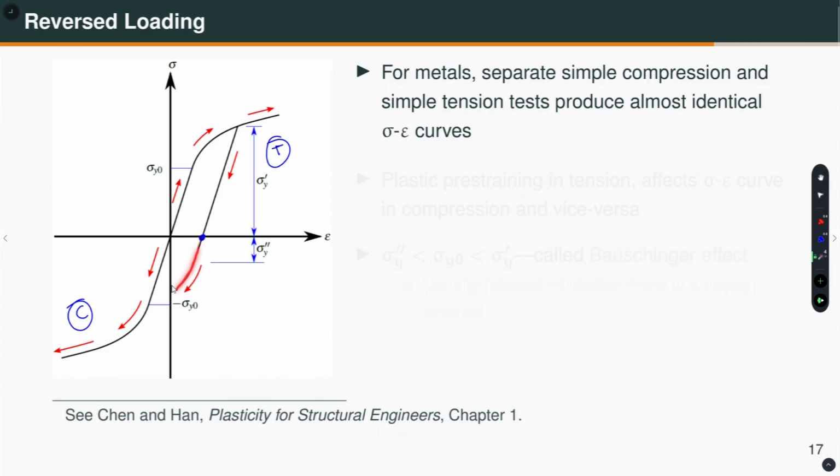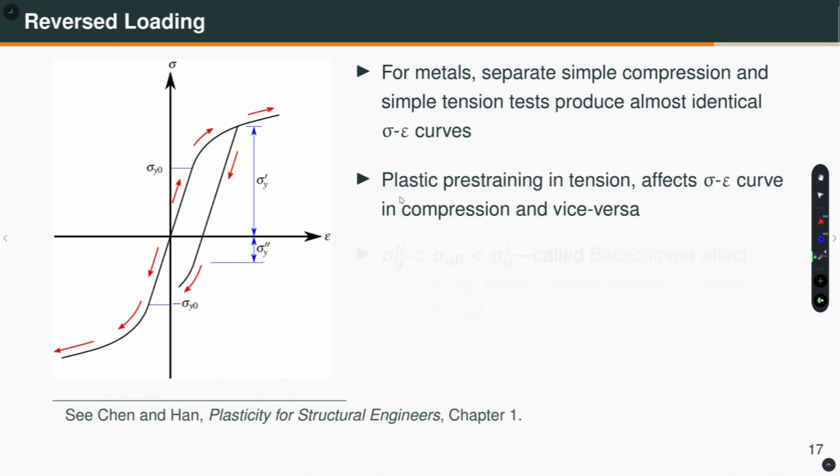What happens? The material remembers that it was taken to a stress level that is well above the initial yield stress sigma y0, and then when it goes in the compression, it yields at a much smaller stress sigma y double prime.